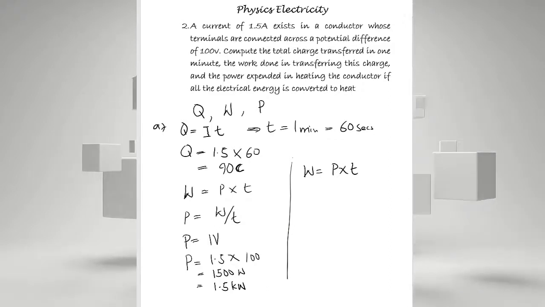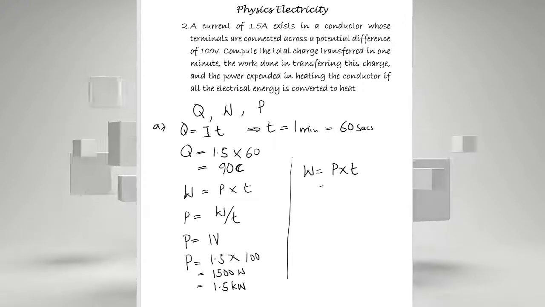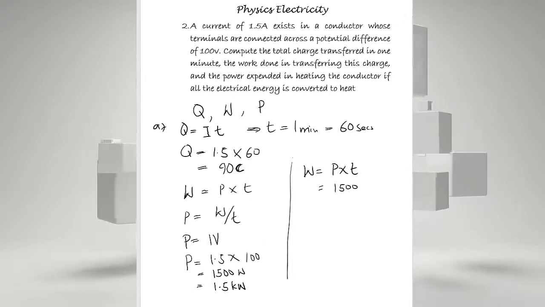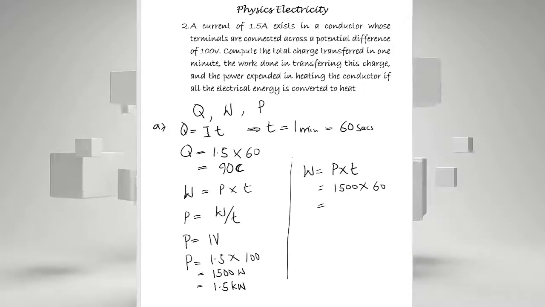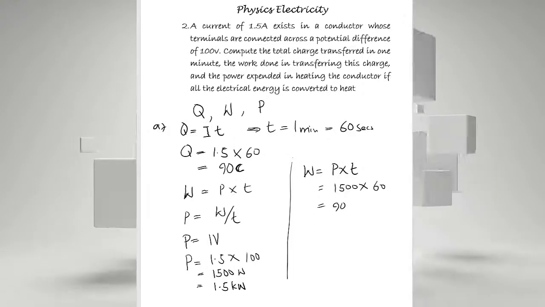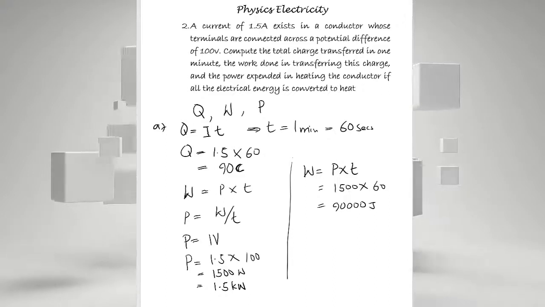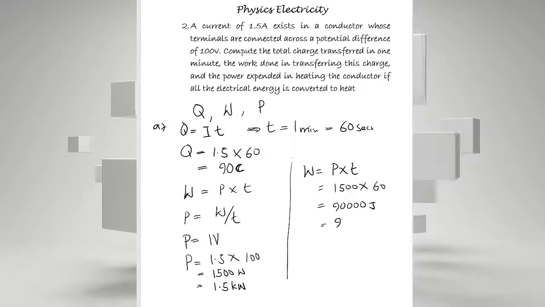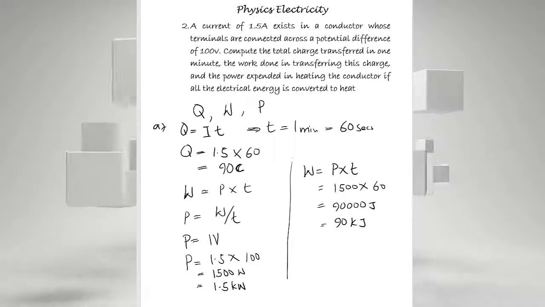So now that we have our power as 1500 watts, we can say our work done is equal to 1500 watts times 60, and that is going to give us 6 times 15 is 90, plus the 3 zeros, that will give us 90,000 joules. We can write that as 90 kilojoules. W is equal to 90 kilojoules. So that is solved.